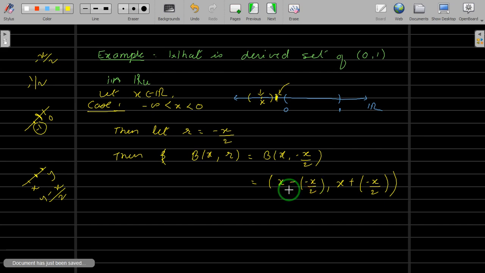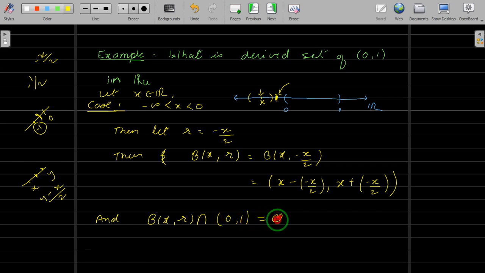You can simplify this. Okay, and the ball around x of radius r intersection with your open interval 0 1, this is empty. You can make it out. Your open ball in this case will be somewhere here like this. You take the intersection with this, it will be empty because your r is nothing but half of the distance of these two. Alright, so this implies x is not a limit point.